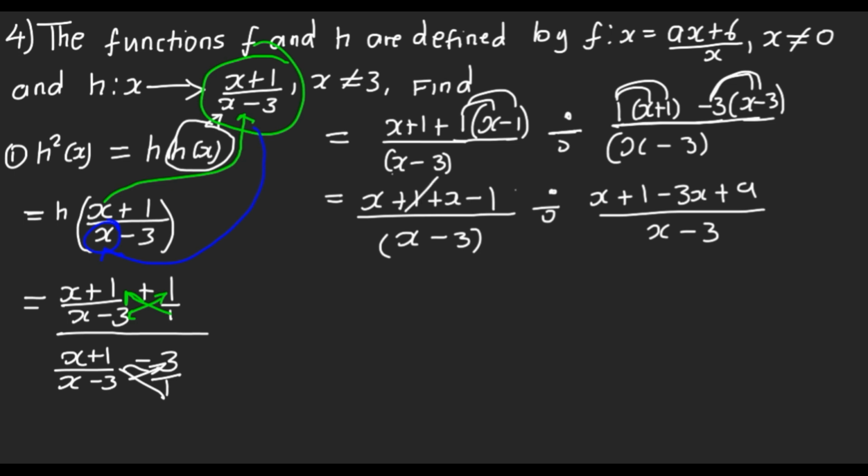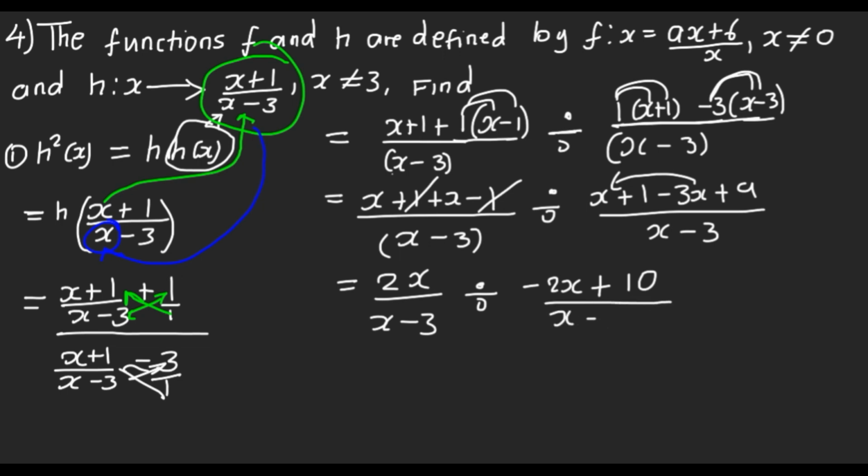So I can just cancel these. 1 minus 1 is just 1. Then x plus x will give us 2x over x minus 3, divided by, we have these two like terms. Negative 3x plus x is negative 2x, plus 1 plus 9 is just 10, divided by x minus 1. Then we are going to change this operator into multiplication.